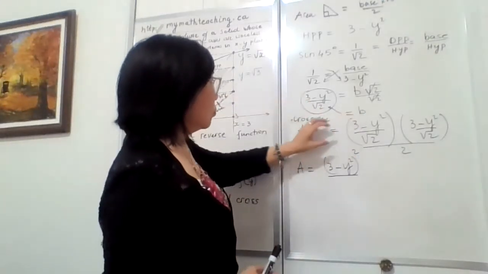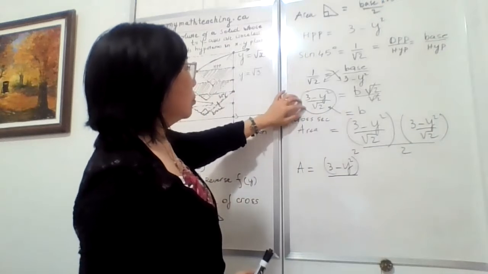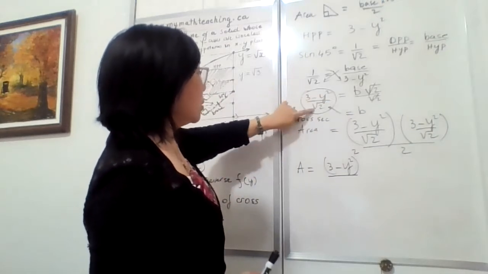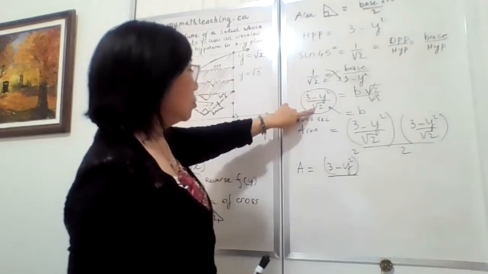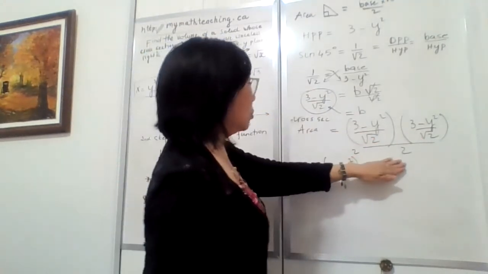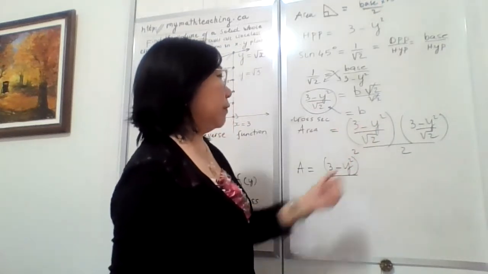The area equals the base, and our base equals 3 minus y squared over square root 2. So base times height, divided by 2, is the area. So we're going to simplify this.